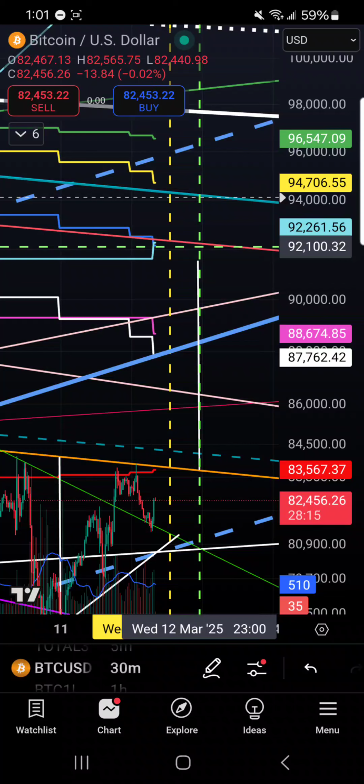Now, I do expect a rejection from the 55-day exponential moving average, because that's a tough one to get above. It acts as a really good support and resistance, and coming at it from below, I imagine we would get rejected from it.